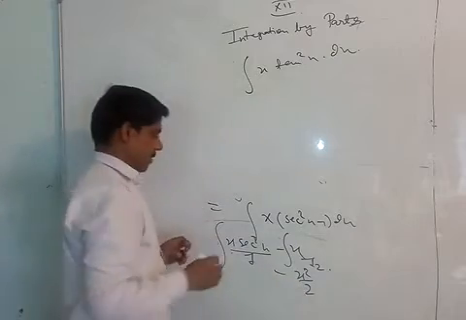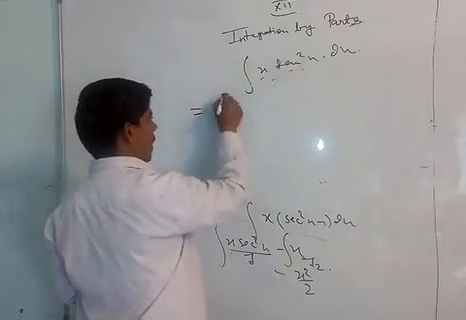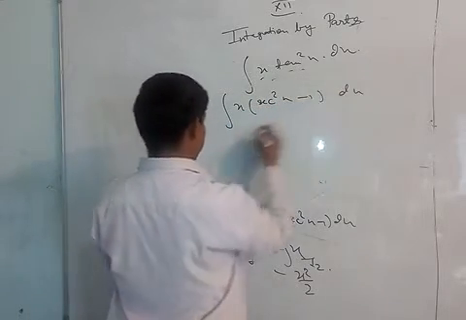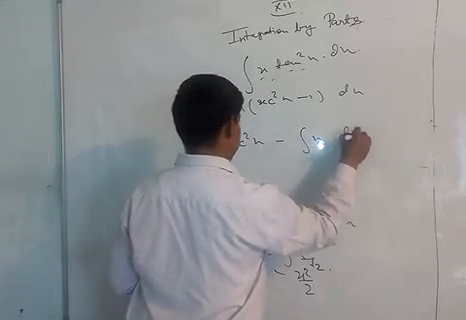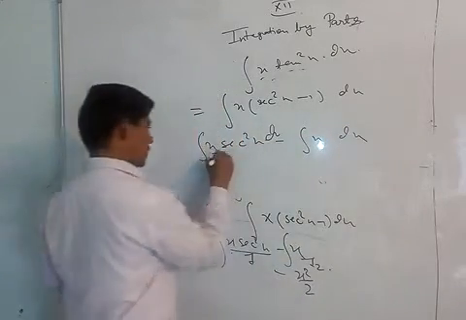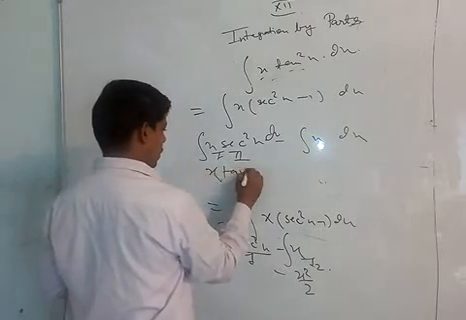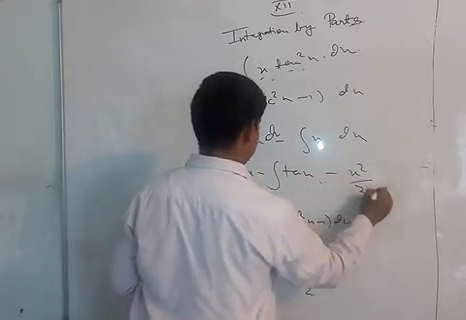Let me write one more time. This is first function, this is second. First you need to break it like this: x secant square x minus 1 dx. Then you can make two integrations: x secant square x minus x dx. First function into integration of second, tan x, minus integration of tan x, minus x square by 2.